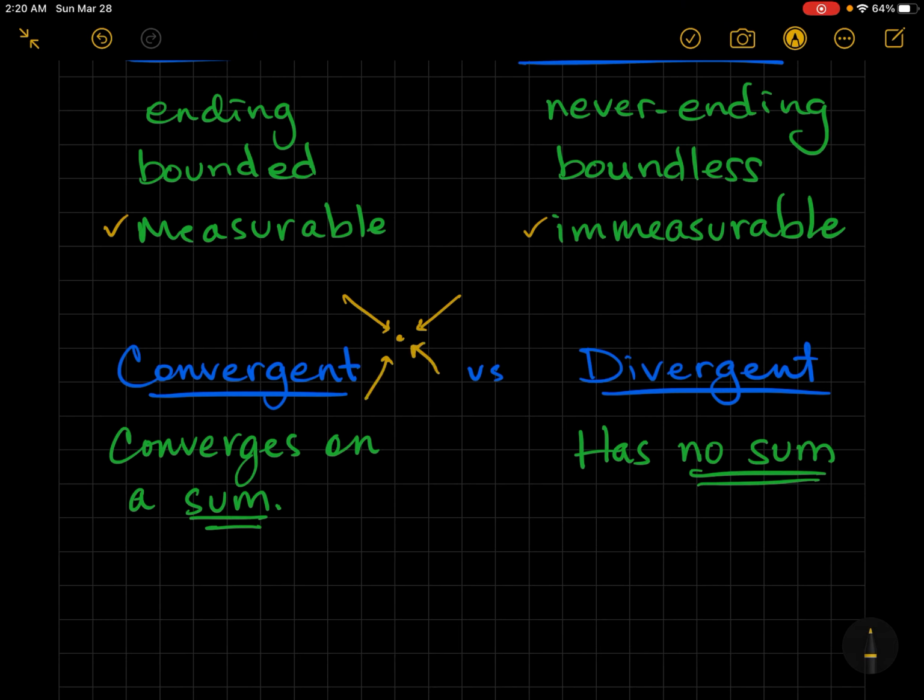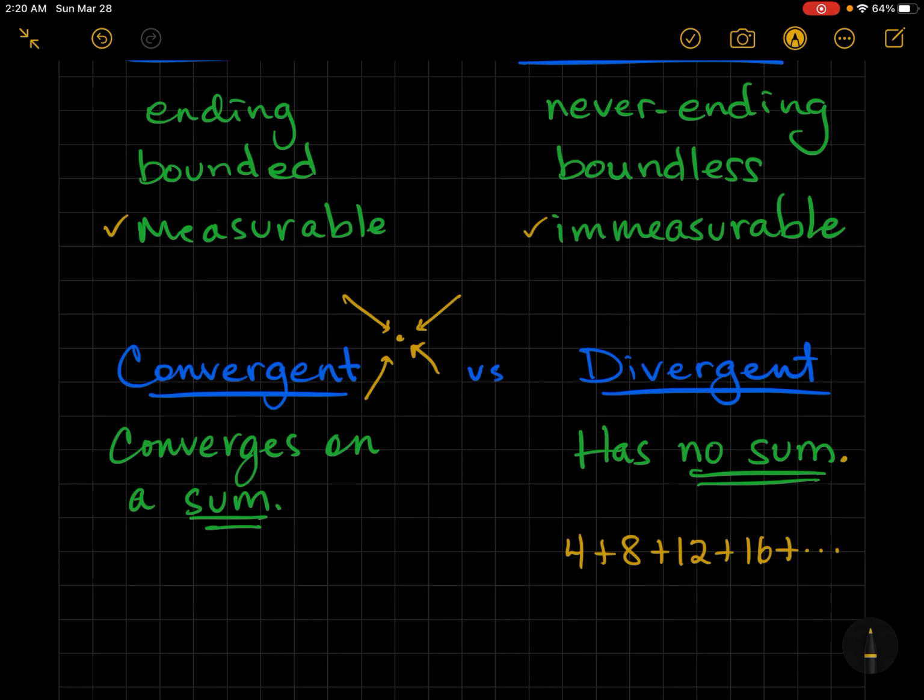But to diverge, you think about things spreading out. Just think if something is divergent in math, it has no sum. You could also think of a sequence that just gets bigger, and everything you add just gets bigger and bigger. So how could this ever have a sum if what you're adding to it gets bigger?